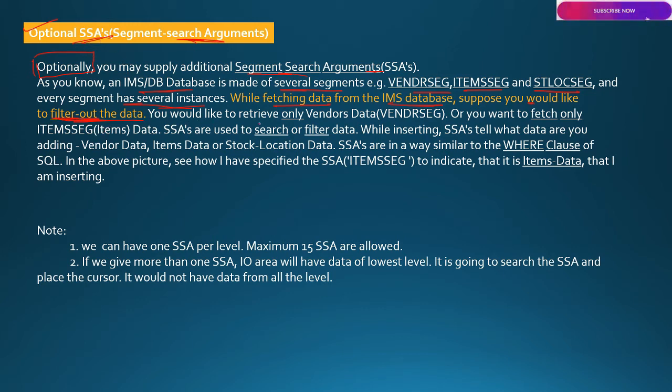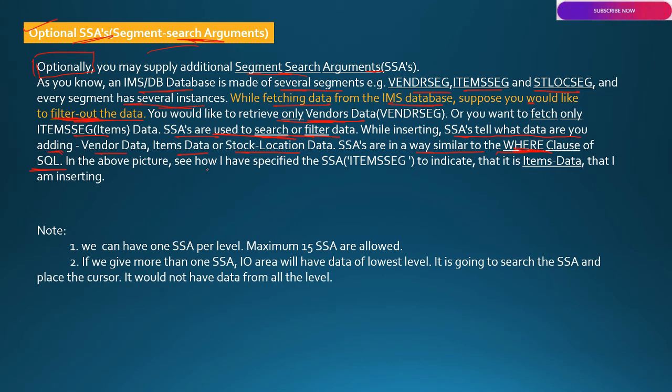You may want to retrieve only vendor data or only item segment data, so you use the SSA. SSAs are used to search for and filter data. While inserting, the SSA tells what data you are adding: vendor data, item data, or stock location data. SSAs are similar to the WHERE clause of SQL.